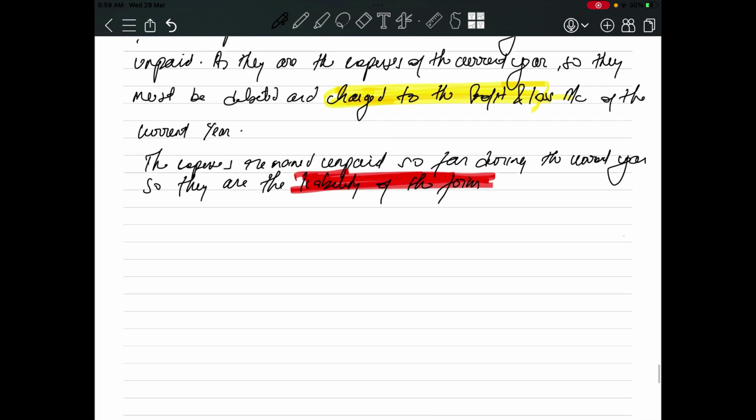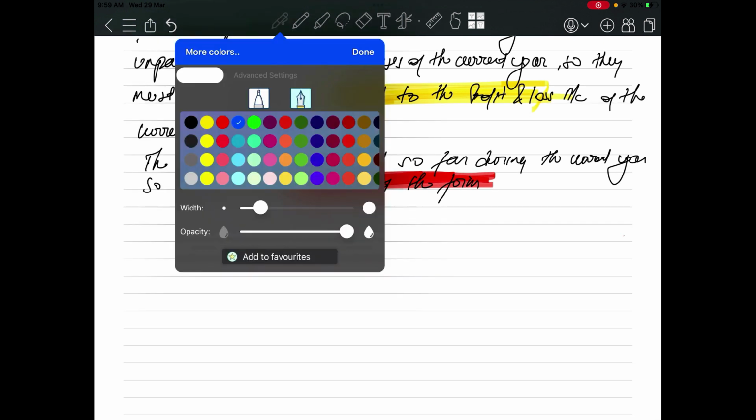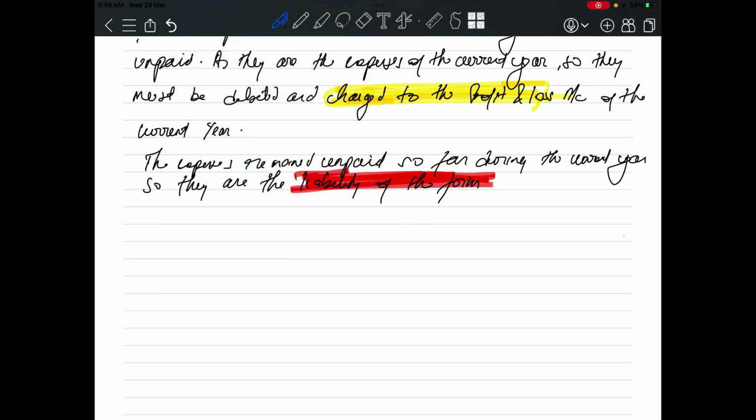Now see, let's take an example. The firm pays rupees 5,000 wages per month.